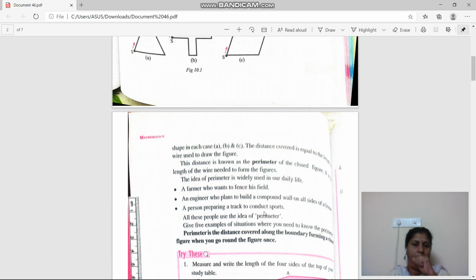All these people use the idea of perimeter. See, when a farmer wants to fence his field, the total wire used is the total distance covered over the given boundaries of the field. Then next, an engineer wants to build a wall around his house, same process.